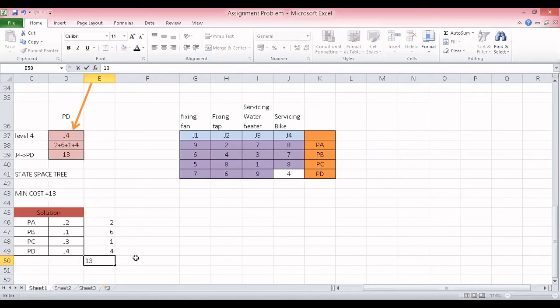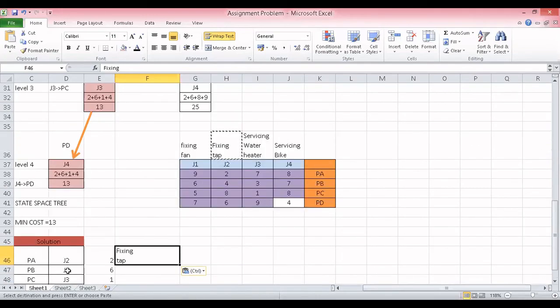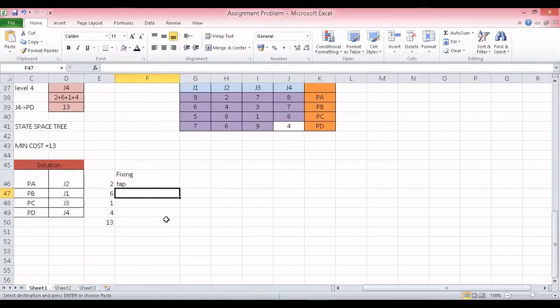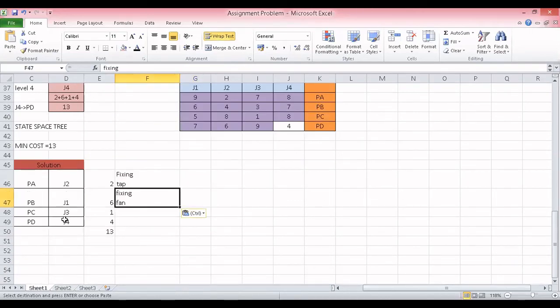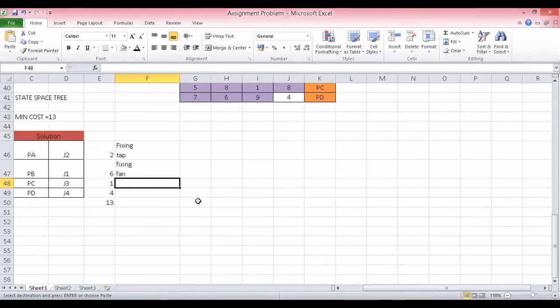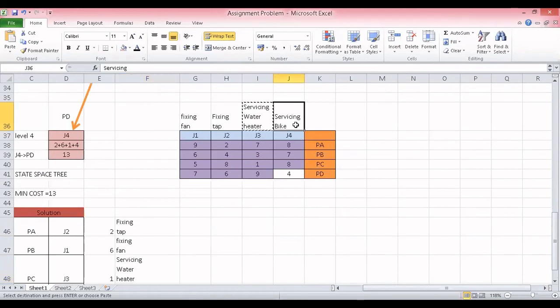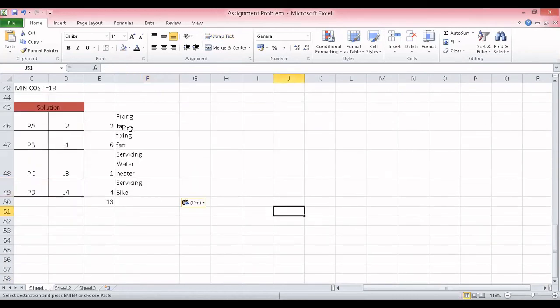So if you consider, you put person A for fixing the tap, you take person B for fixing the fan, you take person C for servicing the water heater, and you take person D for servicing the bike.